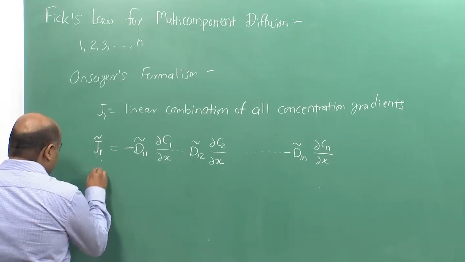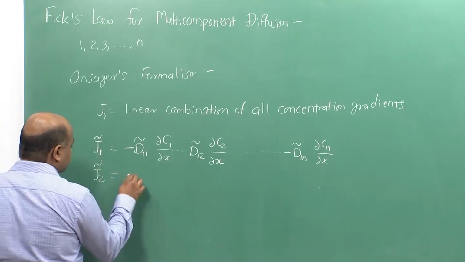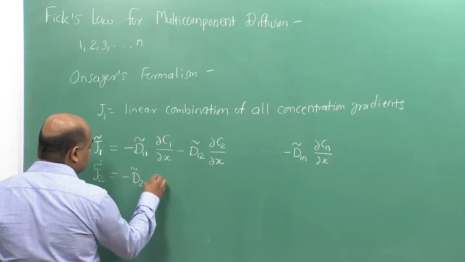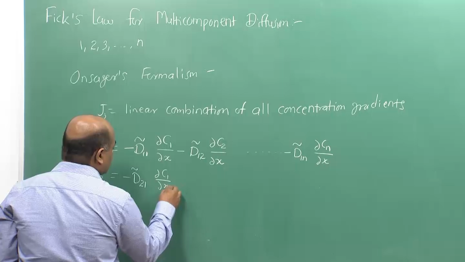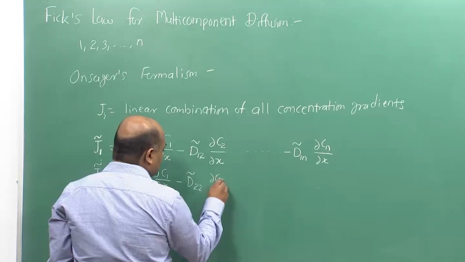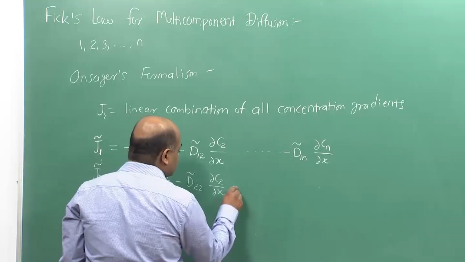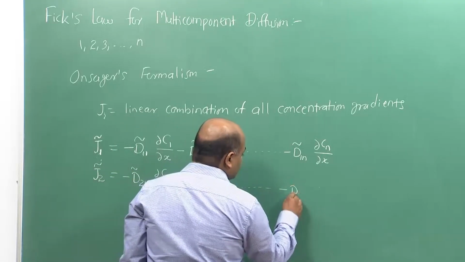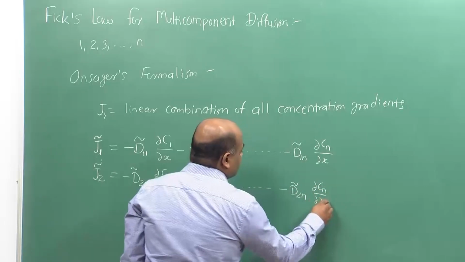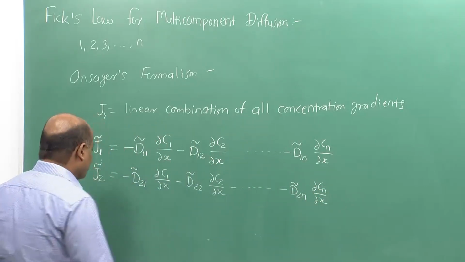Similarly, the flux of 2 we express as minus d21 tilde dou C1 by dou x minus d22 tilde dou C2 by dou x, and so on till minus d2n tilde dou Cn by dou x.